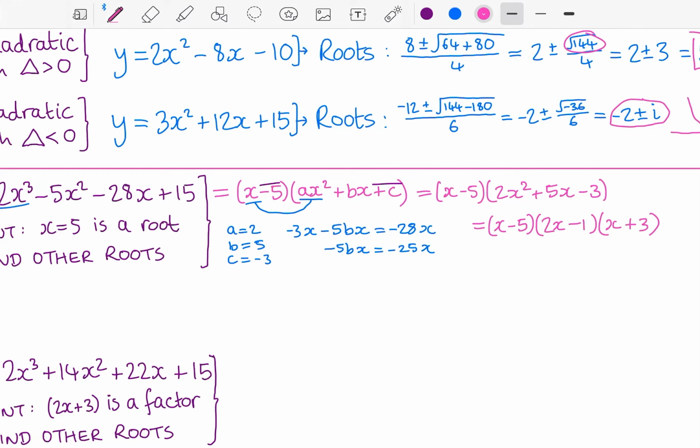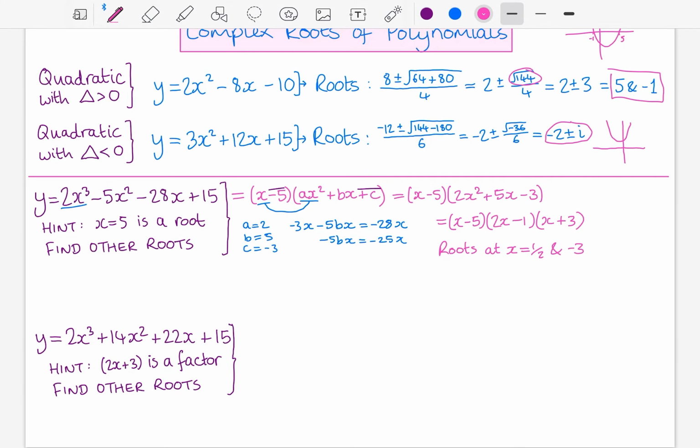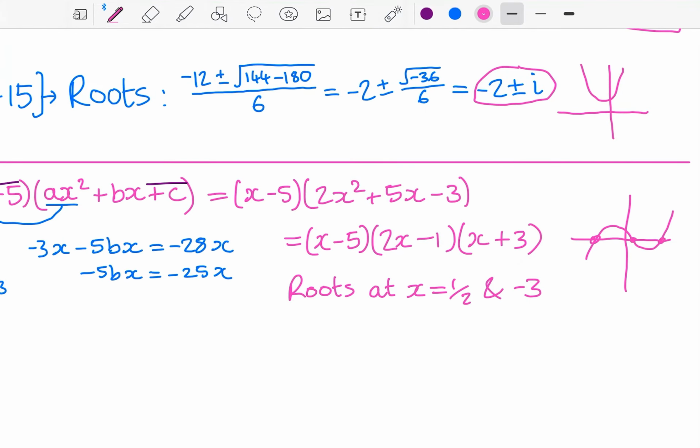So roots, apart from 5, we have a half and minus 3. So a cubic will often just have 3 real roots. This one, for example, might look something like this, where this is minus 3, this is a half, and this is 5.